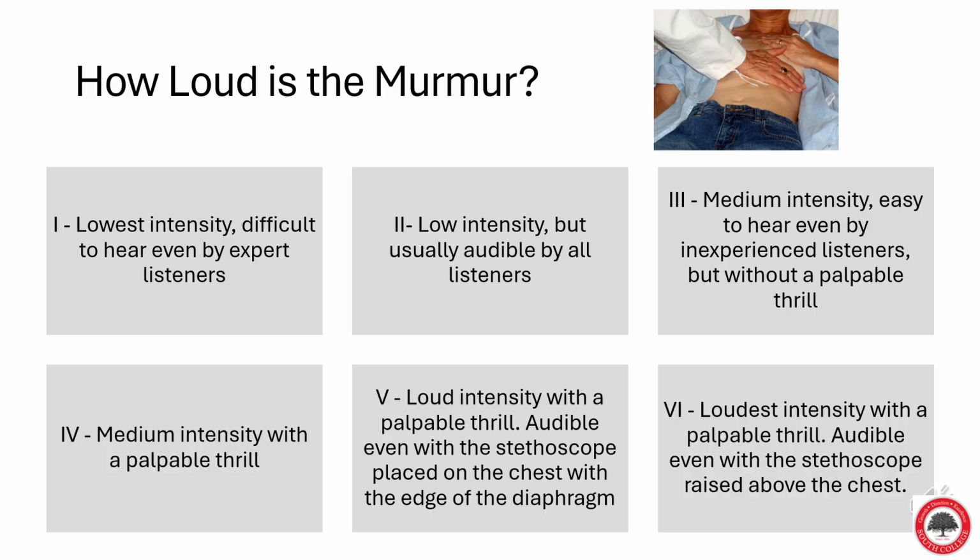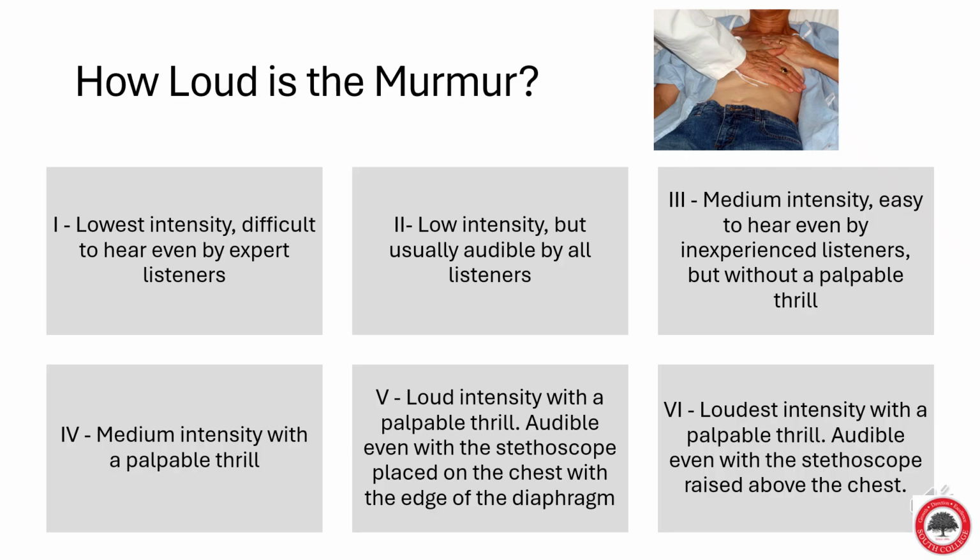The next step, after you've determined where it's heard the loudest and where it is in the cycle, is how loud it is. So you hear grade 1, grade 2, and so now we have a systolic mitral murmur, and then we're going to add the grade.